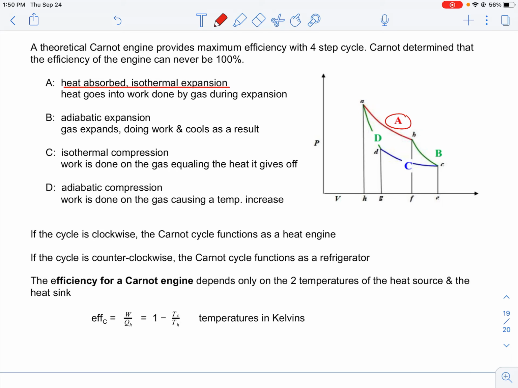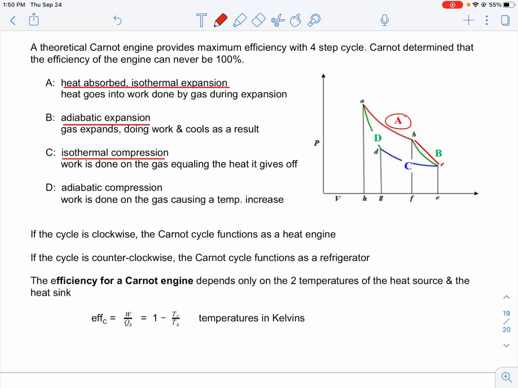The heat that is absorbed goes into work done by the gas. So here this hot gas is expanding and pushing out the piston. And then there's an adiabatic expansion, or rapid expansion, and the piston does work and cools down at the same time.